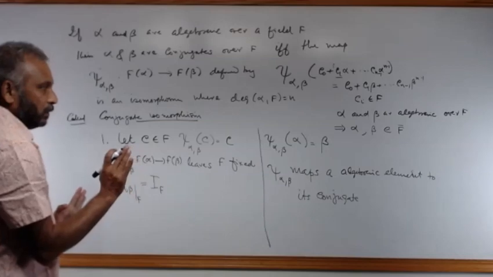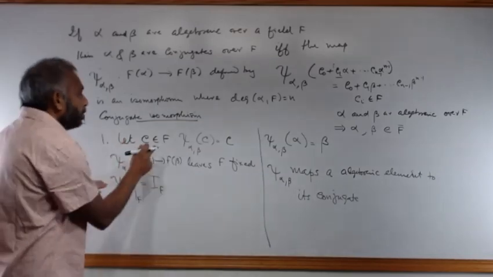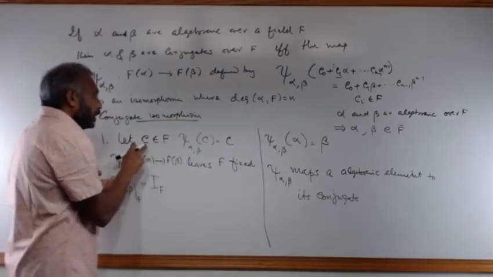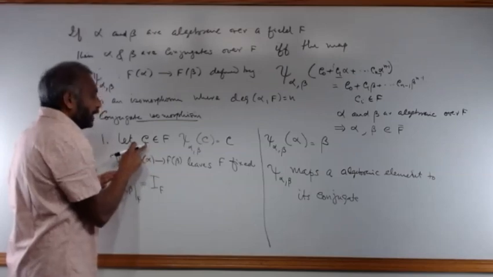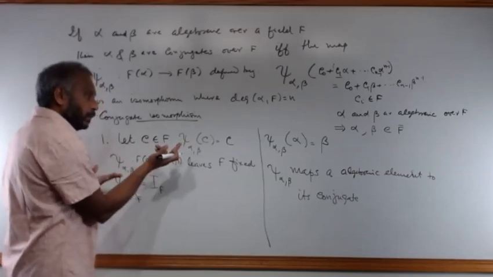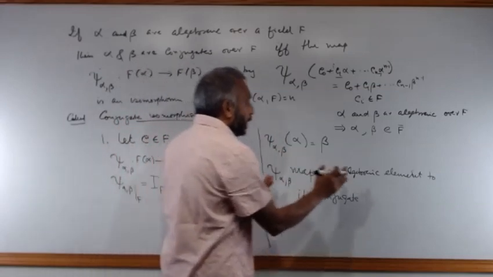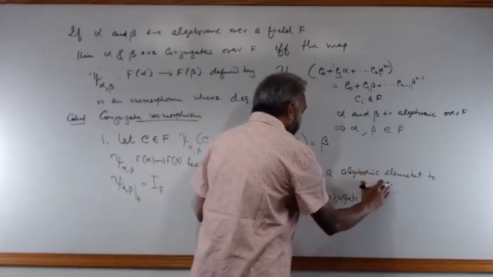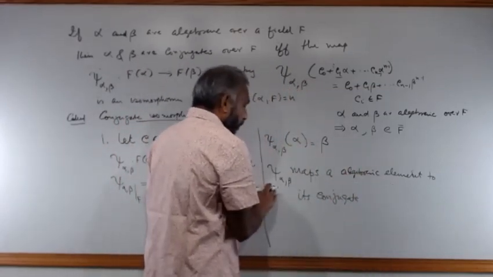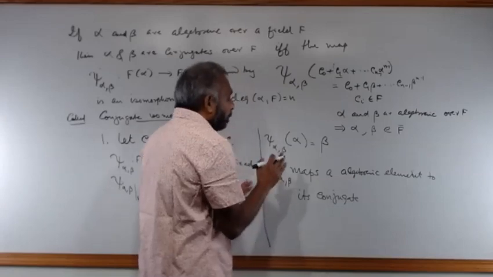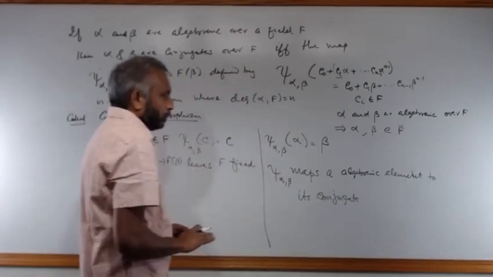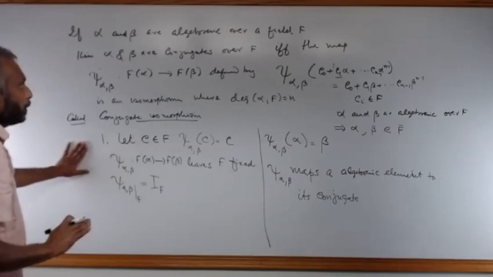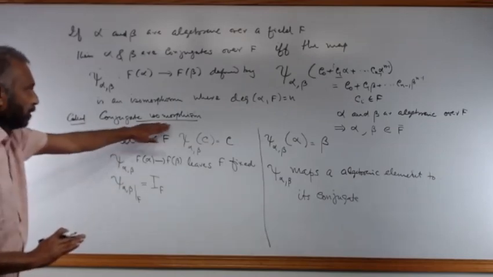Always. In fact, if you consider an element within F, C, the conjugate of C is itself. So every element algebraic over F maps to its conjugate. So there are two important properties of conjugate isomorphism.